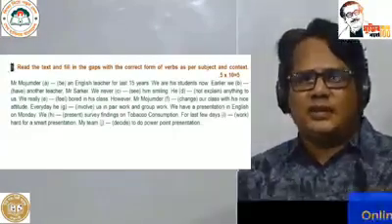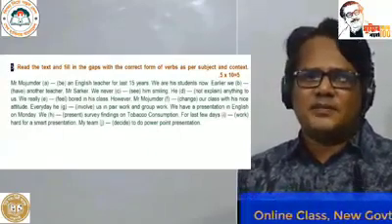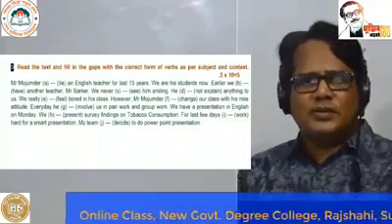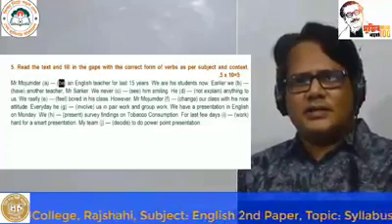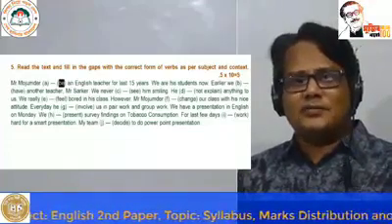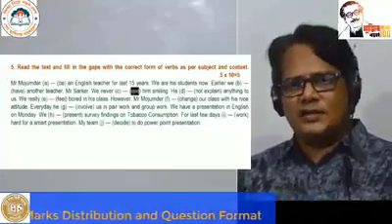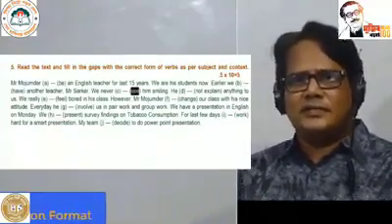Then question number 5, it is about correct form of verbs as per subject and context. It is very much familiar to you, and you should write the correct form of the verbs given in the brackets from A to J, and total marks is 5.